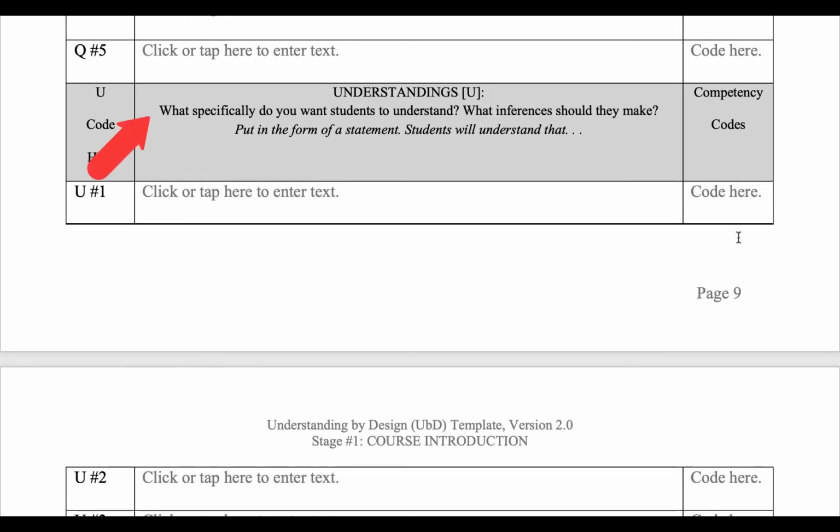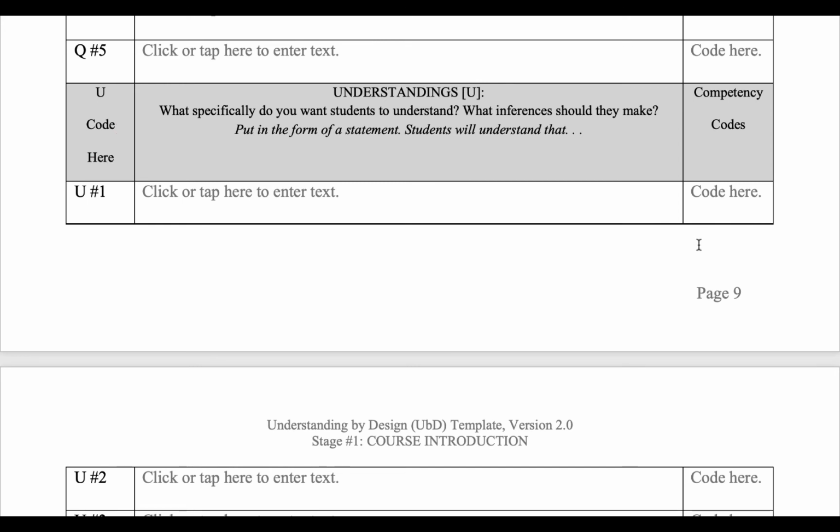Understandings are the connections of the skills and knowledge that the students are going to learn in this class that they can use to answer the essential questions. Understandings are complex sets of skills and knowledge that the student will be able to use in order to answer and interact with the essential questions.